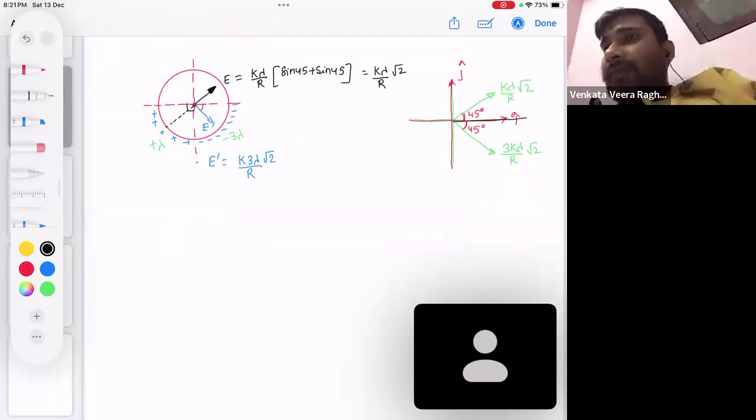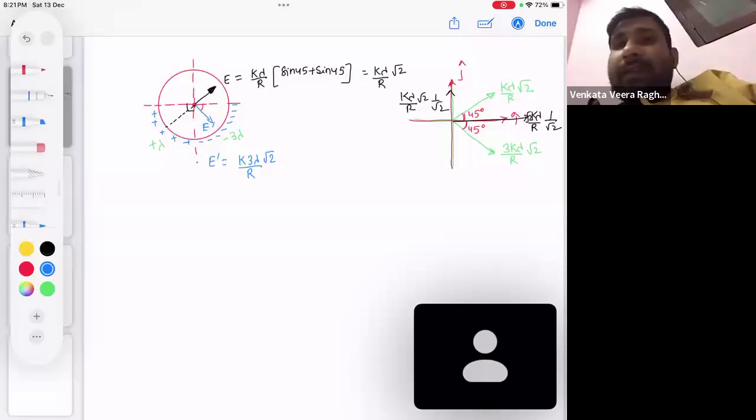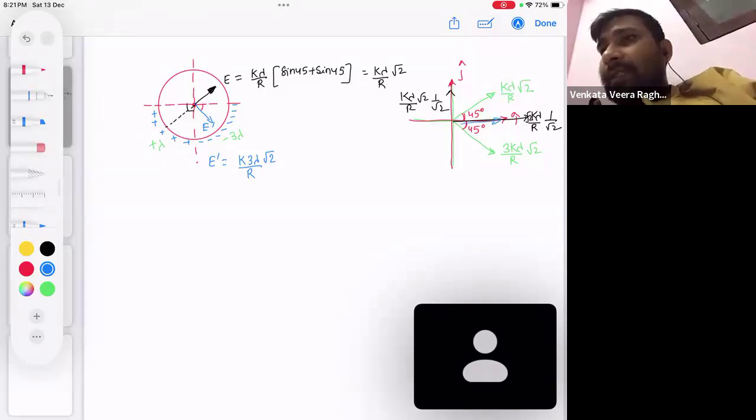So what will this component be? Root 2 K lambda by R cos 45, cos 45 is 1 by root 2. How much will this come? K lambda by R root 2 sine 45 will come. In the same way, if I take the components of the other one, what am I getting? Is it 3K lambda by R root 2 cos 45? And this one will be 3K lambda by R root 2 sine 45.